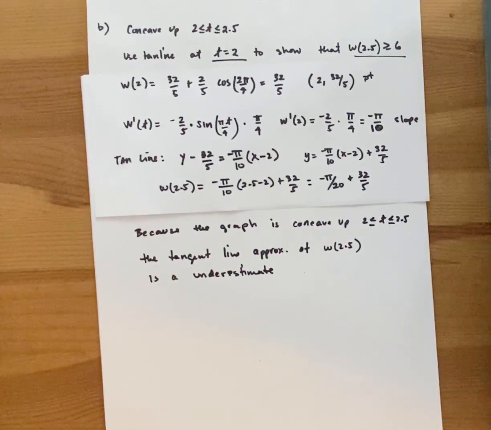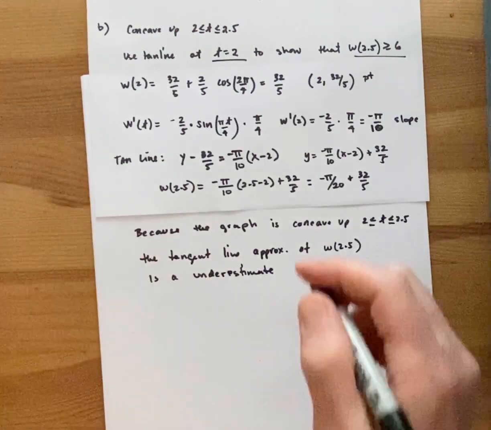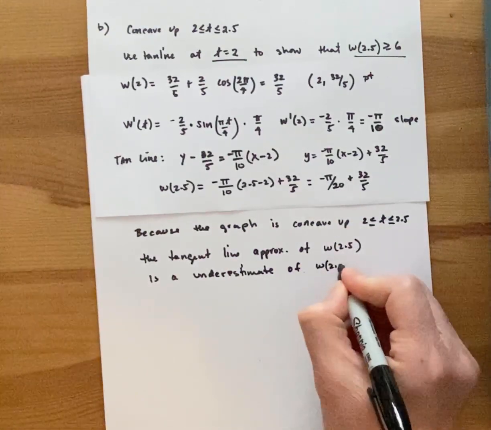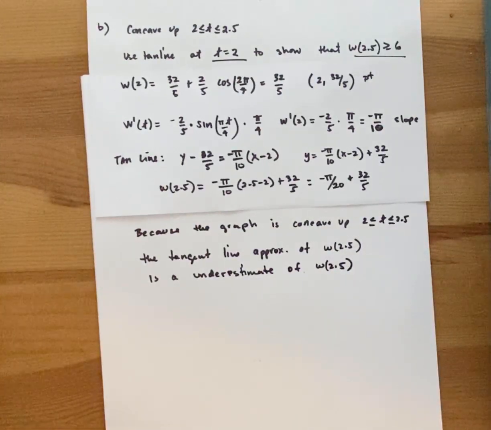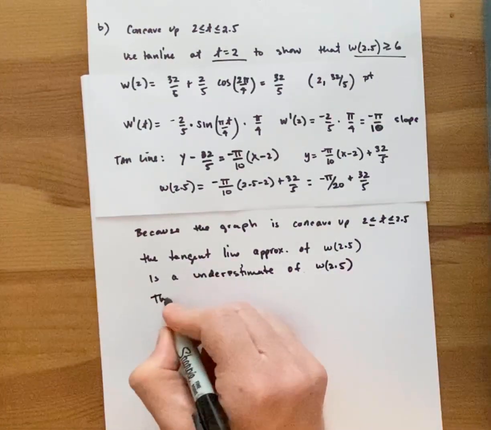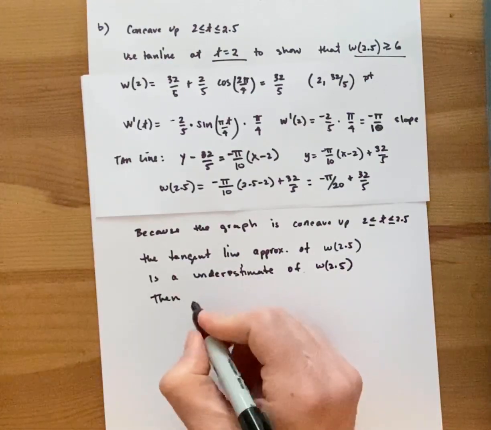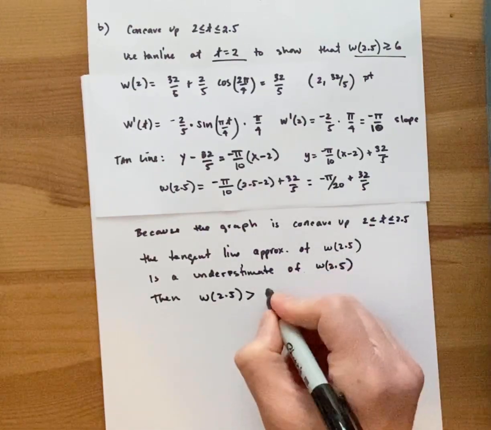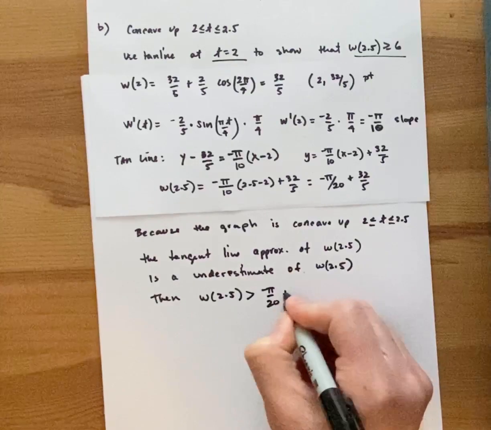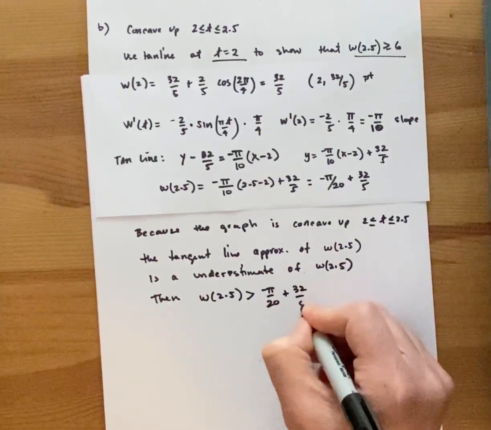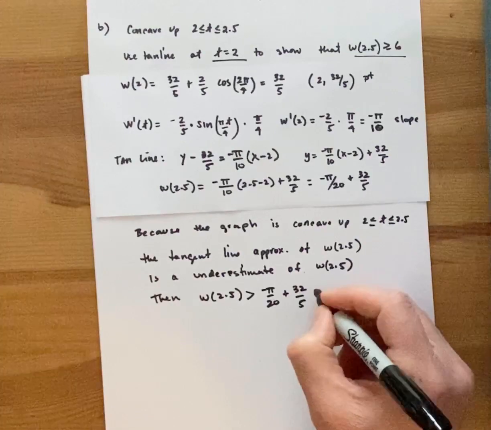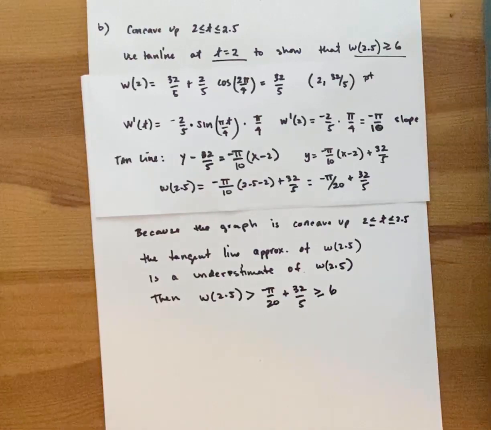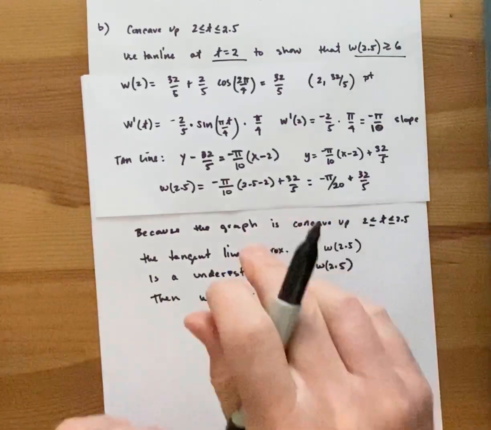Okay, so since it's an underestimate of the actual value, then we know that W of 2.5 has to be greater than what we got, which is greater than or equal to 6. Okay, let's go to part C.